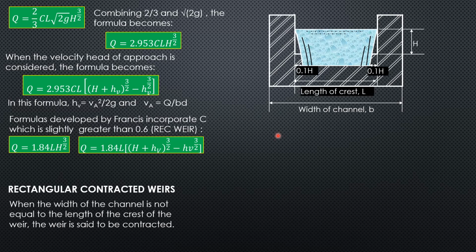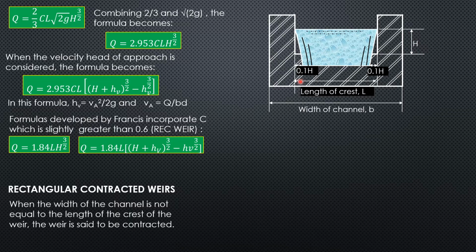So for instance, if this is the side of the channel, a rectangular channel, and we have a weir plate here, there is water here that flows into this center opening. Naturally, this water mass will contract, and that contraction here is approximated to be 10% of the head.